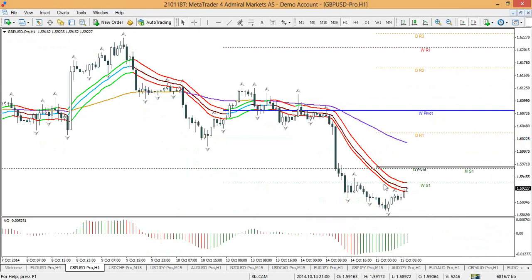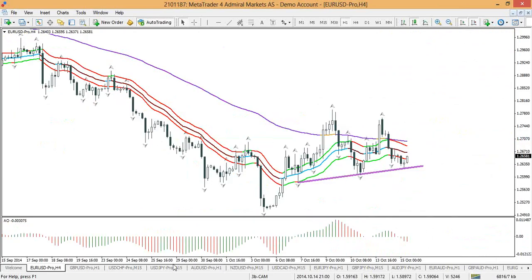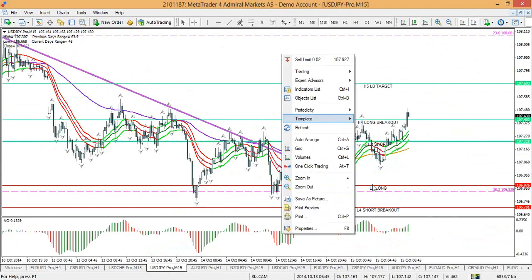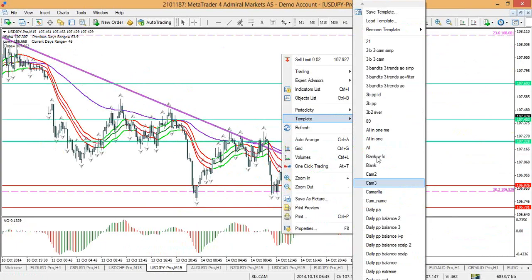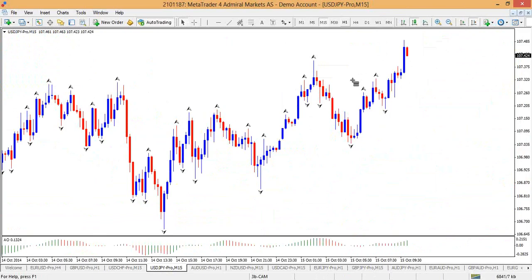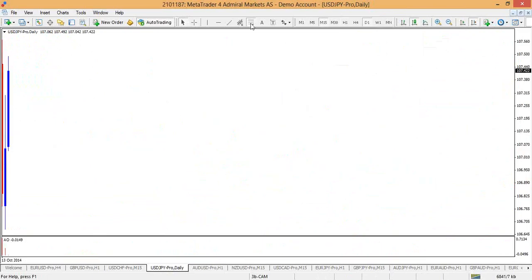Euro dollar expecting to bounce. Dollar yen also moving up. Now, I was a bit unlucky with the dollar yen long because I was buying it off of this fib, but I put my stop loss probably just a bit too tight. But it looks like we are getting the bounce now.